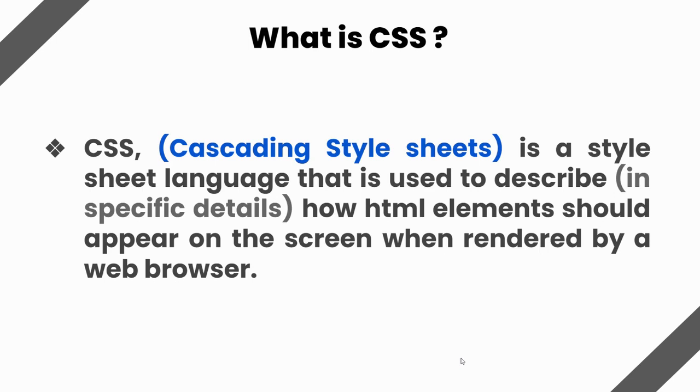This definition is quite explanatory because the CSS here describes in specific details. That means it actually goes in depth into explaining how a particular HTML element should look. It could describe the element's background, the color, the font size, different properties that are within that element. It describes specifically how exactly they should look.